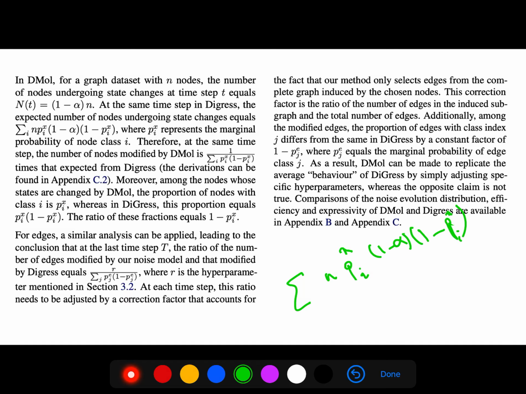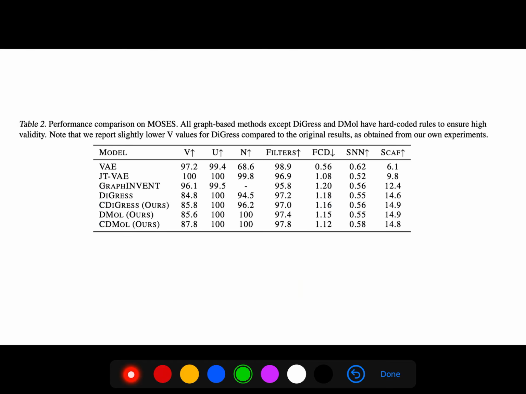So at the same time step, the number of nodes modified by DMol is 1 over that, times the expected number from DiGress.